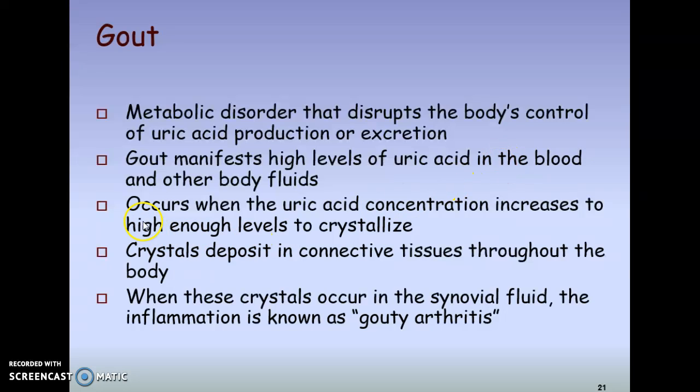Then what happens is that uric acid is going to become concentrated, and it increases to high enough levels that it crystallizes. If you remember the step-wise process of kidney stone formation, what do you have?